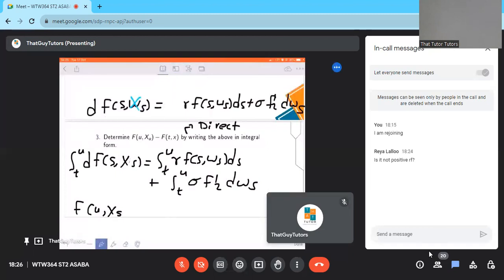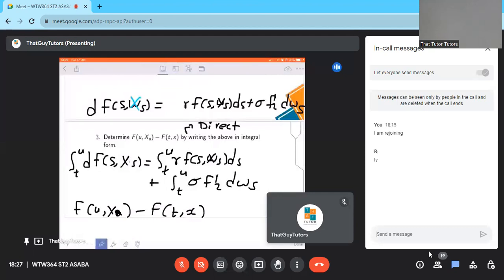When I went to the next page, I forgot to clear out the notation. So f of x of u, so you're going to have u minus f of t, x of t. And then we say that x of t is just going to be your x.